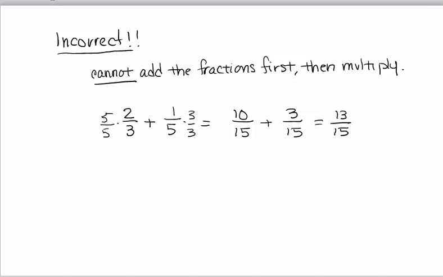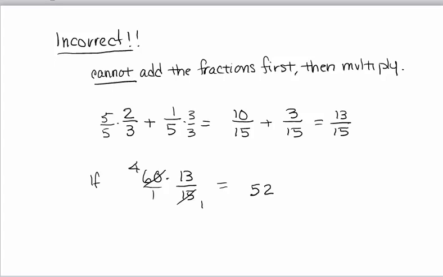Right? So here I have, if I take 60 times 13/15, 15 goes into 15 once, 15 goes into 60 4 times, and 4 times 13 is 52, right?